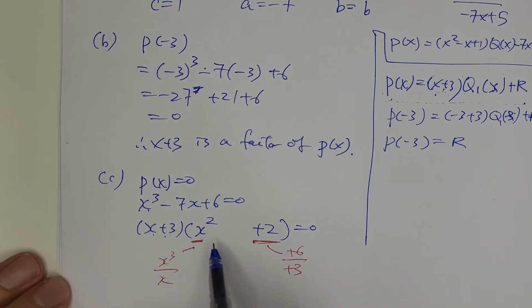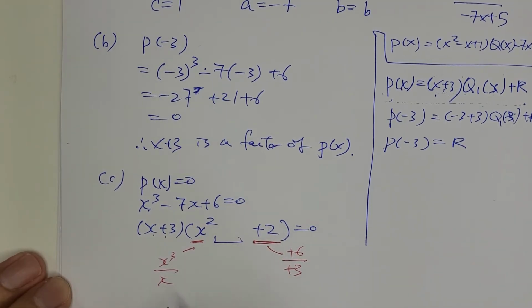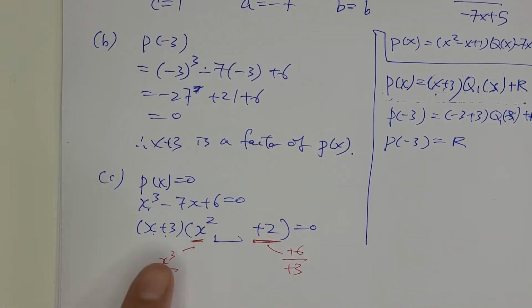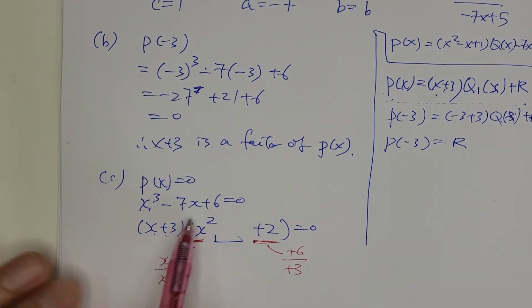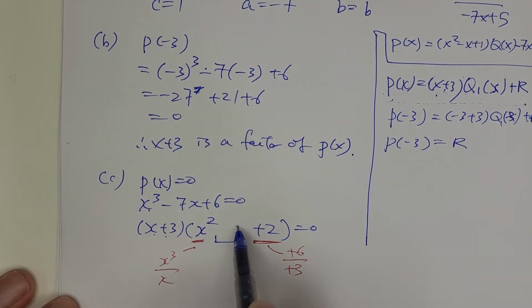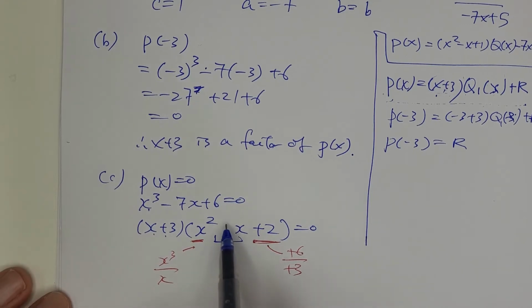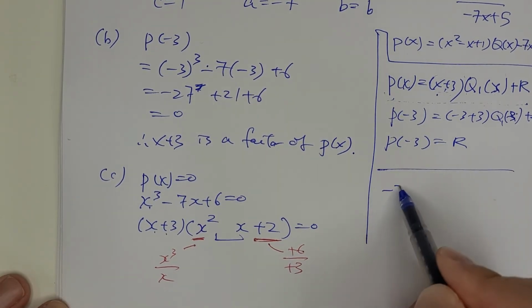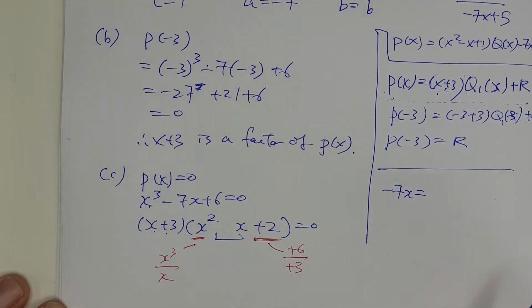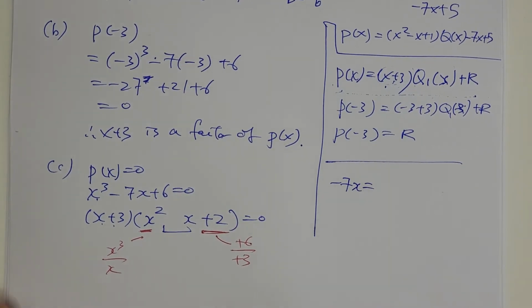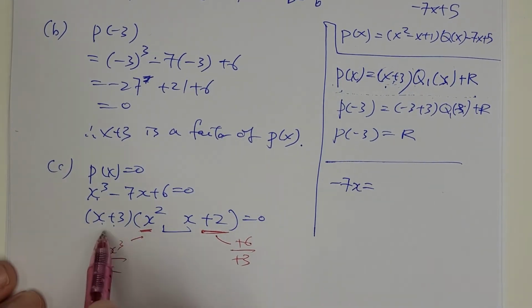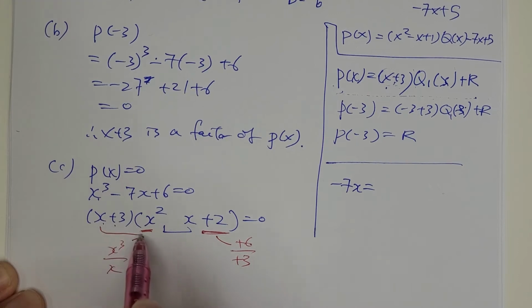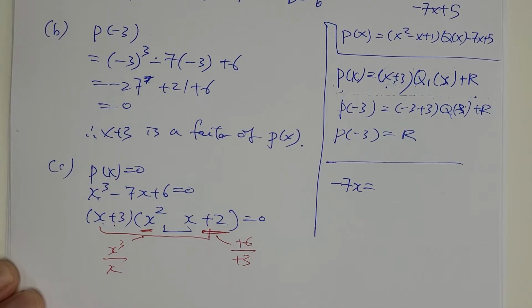And how about the middle one? The middle one is a little bit clumsy. You need to think, how do we get this negative 7x? In here, it should be something times x, right? But you don't know what the number is. So let's see, where could this negative 7 come from? It is contributed by two parts. The first part is x times 2.